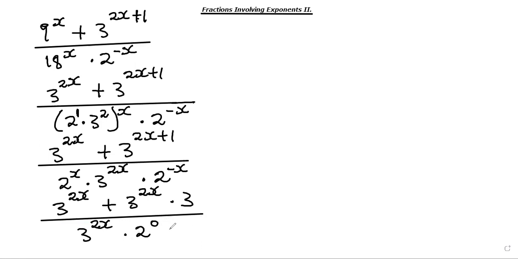It's up to you. But what is important, you are now at the point where you can factorize the numerator. So you say 3 to the 2x is a common factor. If you take it out, you are left with 1 from the first term, and you are left with 3 from the second term.